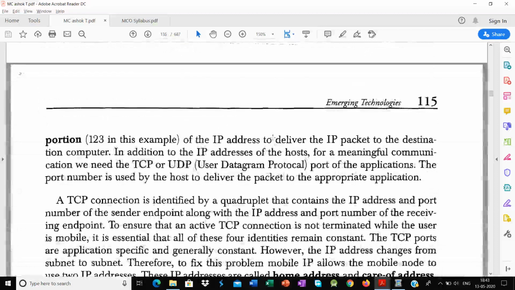Okay, so the IP address is responsible for your end-to-end communication, and in addition to the IP addresses of the host, for meaningful communication we need the TCP or UDP protocol. TCP is connection oriented, and UDP, the user datagram protocol, is connectionless, as we know.